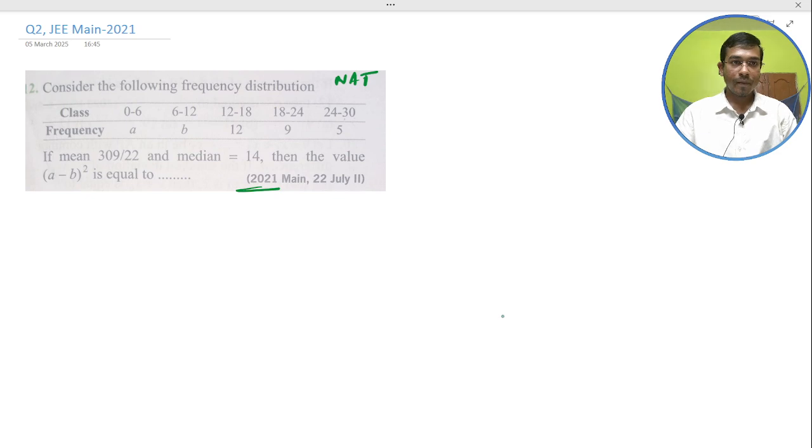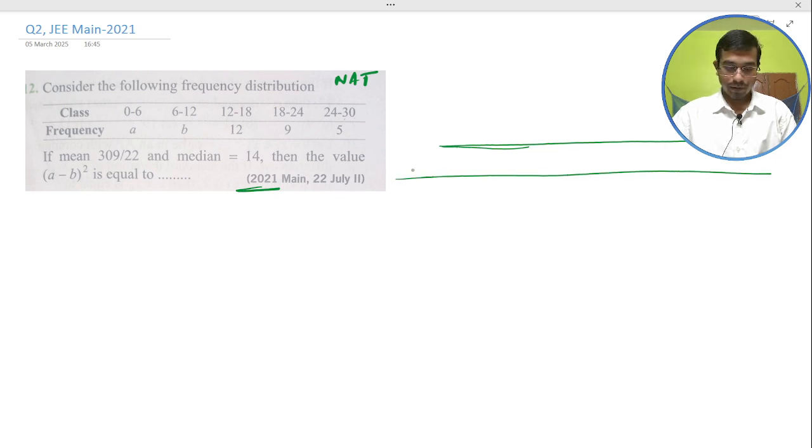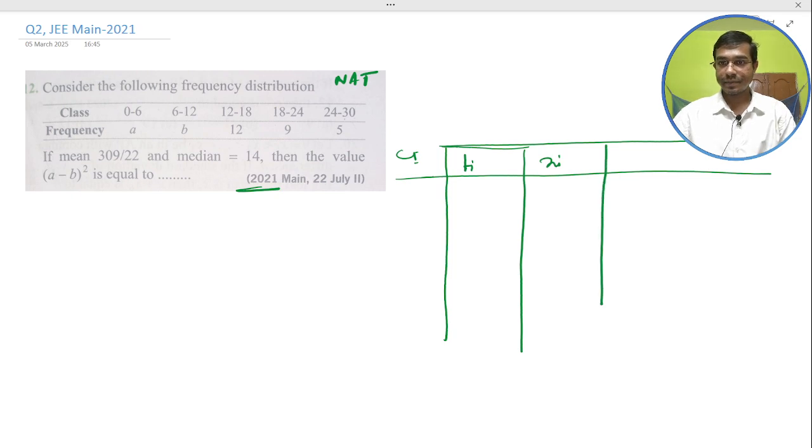Here we will draw a table. This is the CI, FI, XI, FI XI, and the CF.